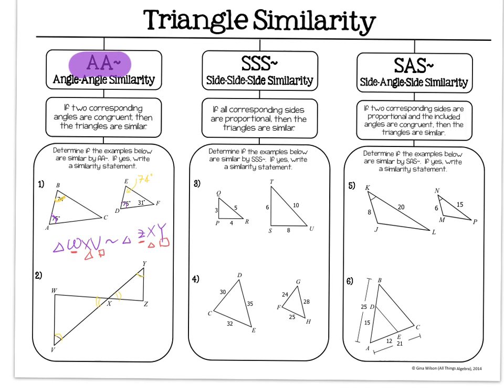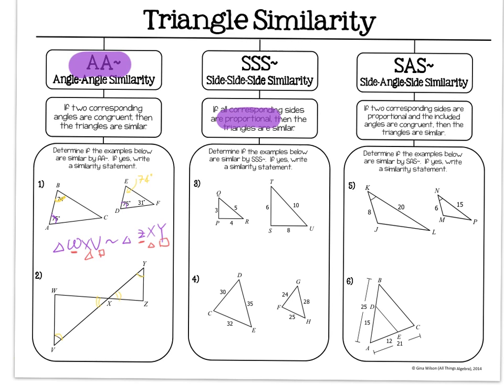Similarly, the SSS similarity theorem says that if all corresponding sides are proportional, not congruent, if they are proportional, then you have two triangles that are similar.